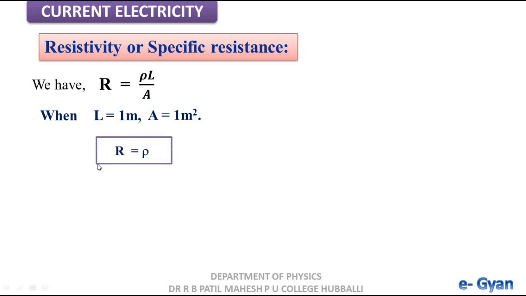Or resistivity of the conductor is equal to resistance of the conductor when length is 1 meter and area of cross section is 1 meter square. With the help of this, we can give the definition for specific resistance.